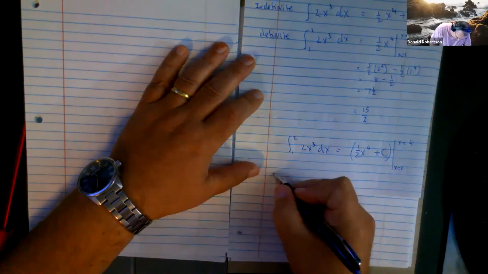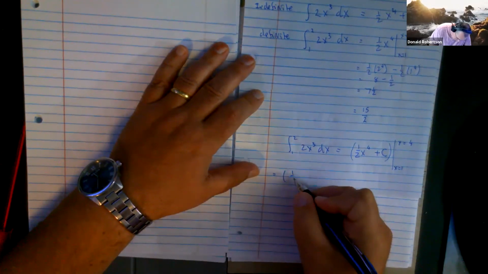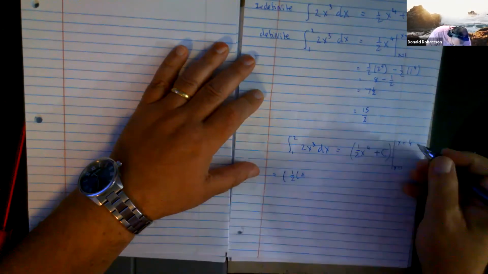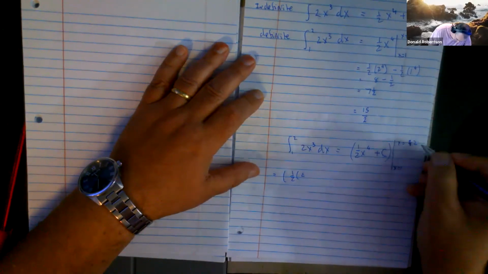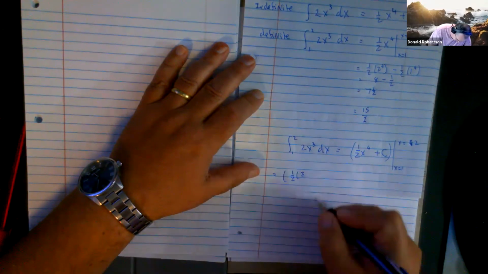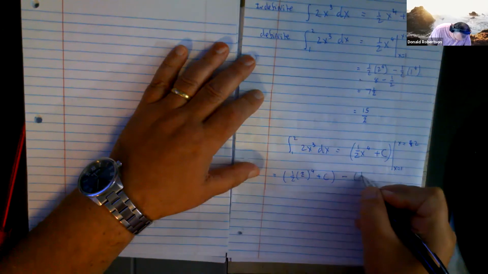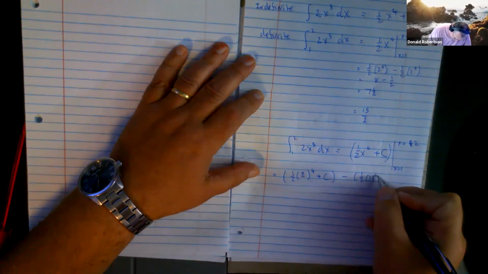And so I'm going to get 1/2, 2 to the power of 4, add C, take away 1/2, 1 to the power of 4, add C.